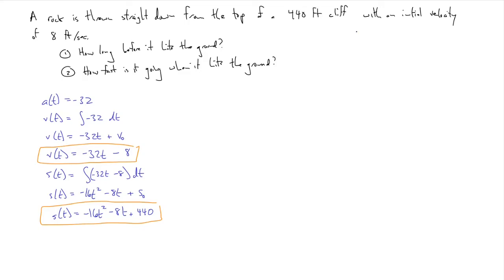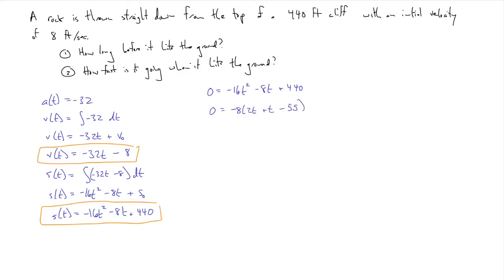How long before the rock hits the ground? That's a question of when is the position at the ground? The position on the ground is position equal to 0, so that's a question of what is the time, t, when the position is equal to 0? And so we set the position function equal to 0 and solve.